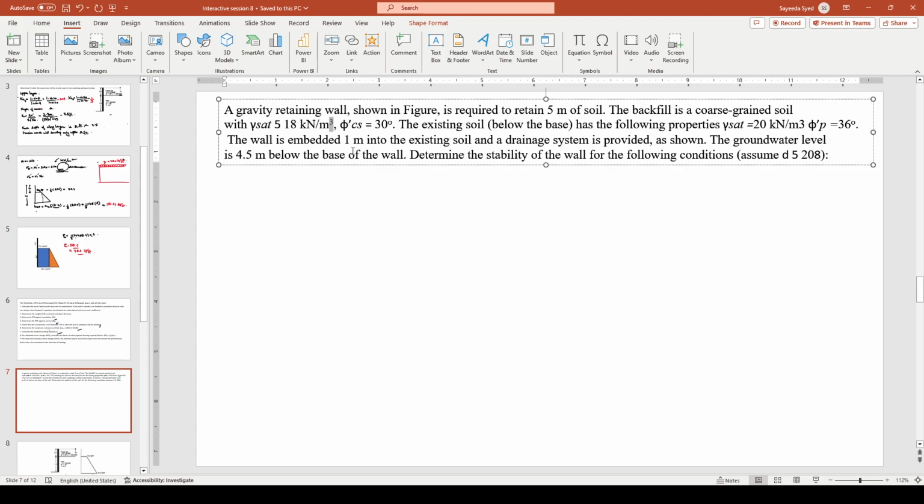Okay. This is how you have calculated the phi. Let's just take it as phi dash.